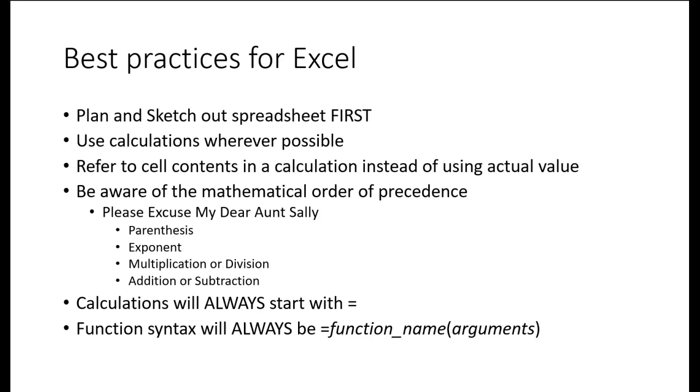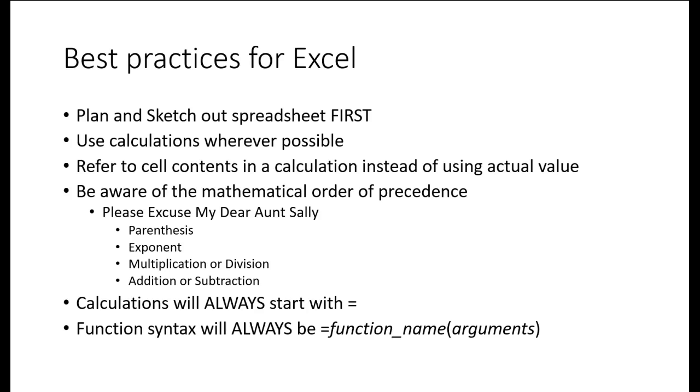You should be aware of the mathematical order of precedence. So what does that mean? There is a specific sequence of steps that any mathematical calculation will happen. And you may have heard this saying as you went through different math classes: Please excuse my dear Aunt Sally.